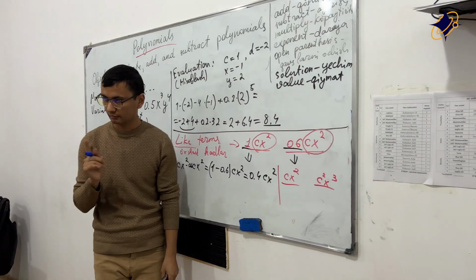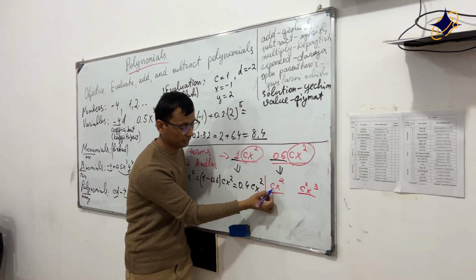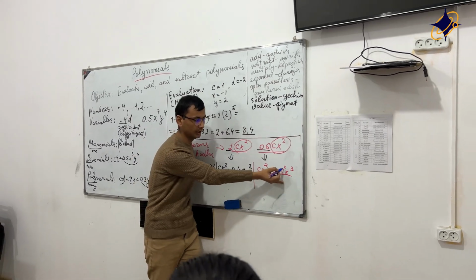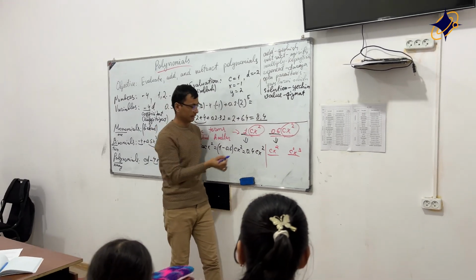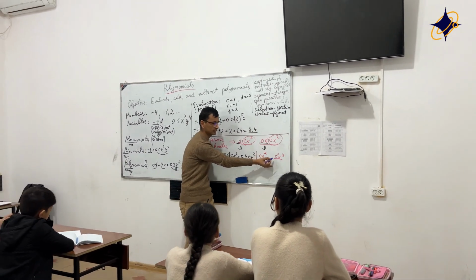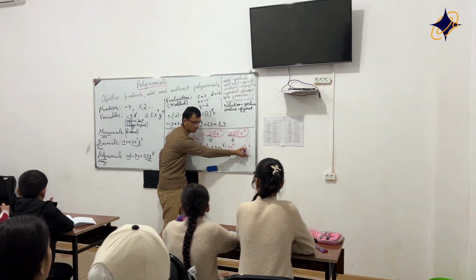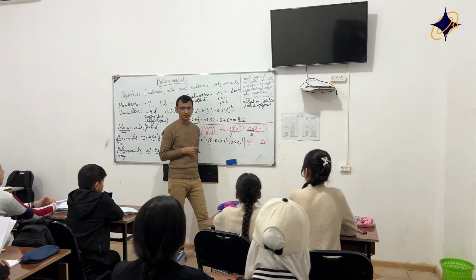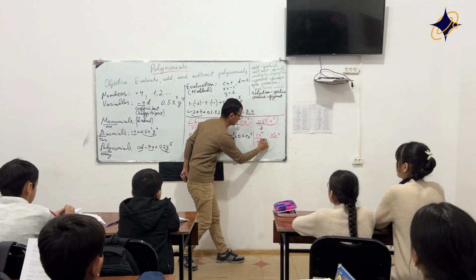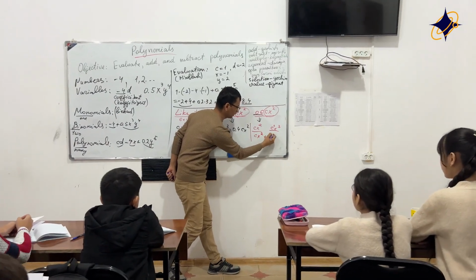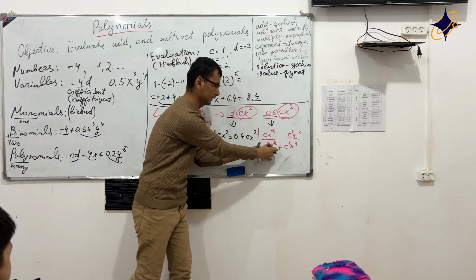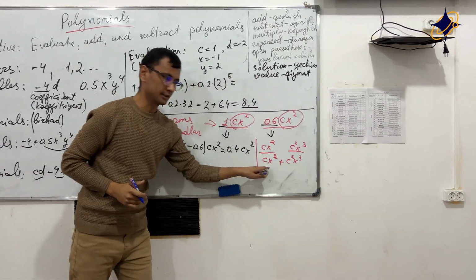We cannot, because the exponent of c here is 1 and here is 2, and here the exponent of x is 2 and here the exponent of x is 3. That means they are not like terms, and we cannot add or subtract them. The solution is like this.